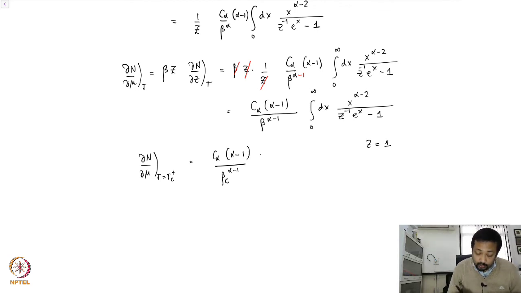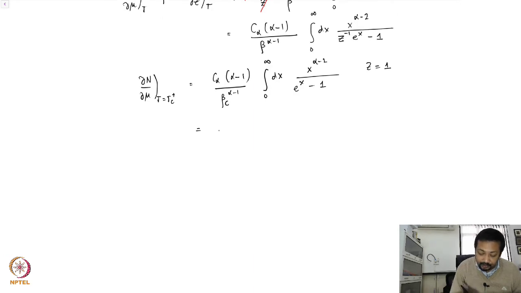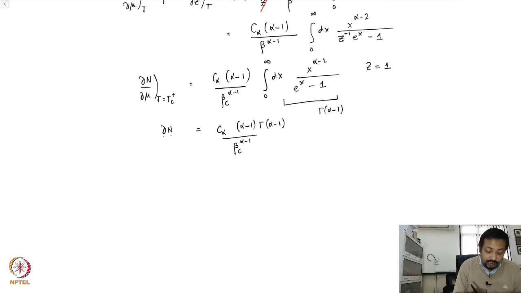Here z is equal to 1, and you have the integral 0 to infinity dx x to the power alpha minus 2 divided by e to the power x minus 1, which is going to be C alpha, alpha minus 1, beta c alpha minus 1, and this you see is gamma of alpha minus 1. This is the gamma function. So I have gamma of alpha minus 1 is del n del mu evaluated at T equal to Tc plus.